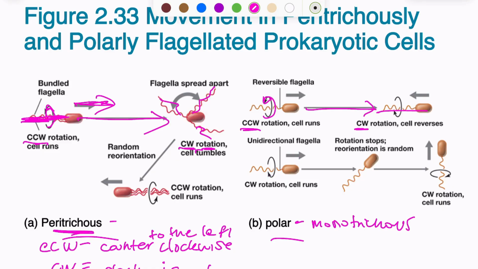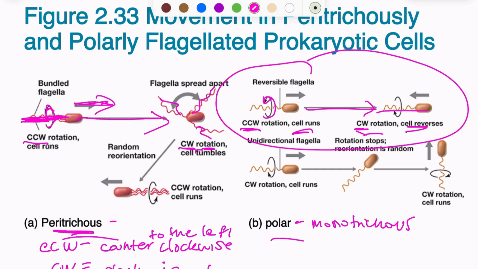So there's no tumbling like in the peritrichous, because there's only one. And so it either runs forward with the counterclockwise rotation, and then the cell can reverse with clockwise rotation.